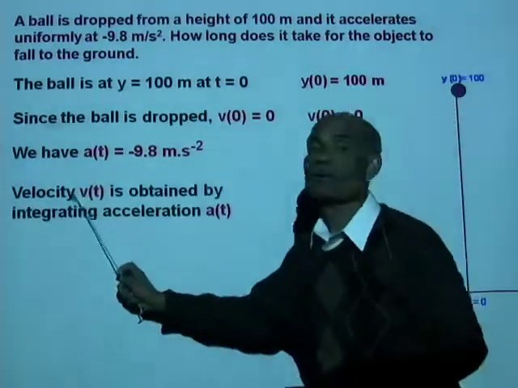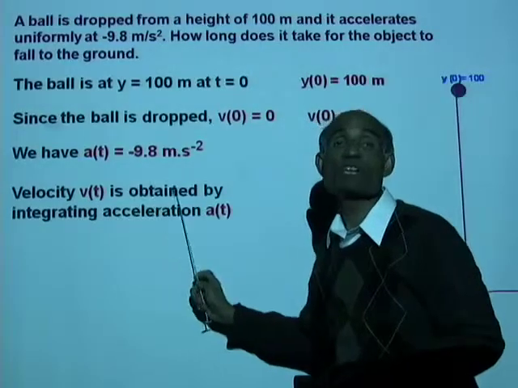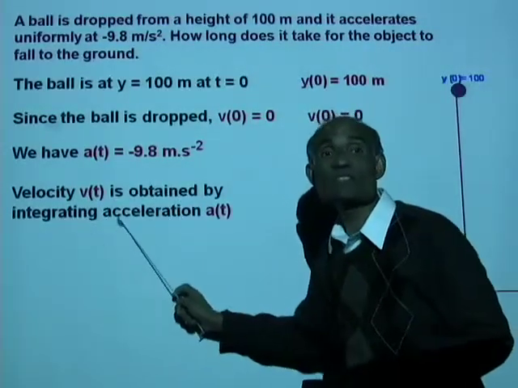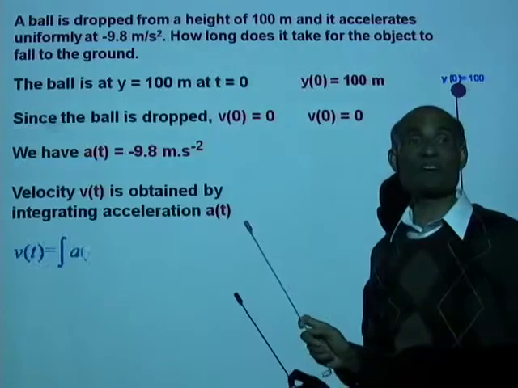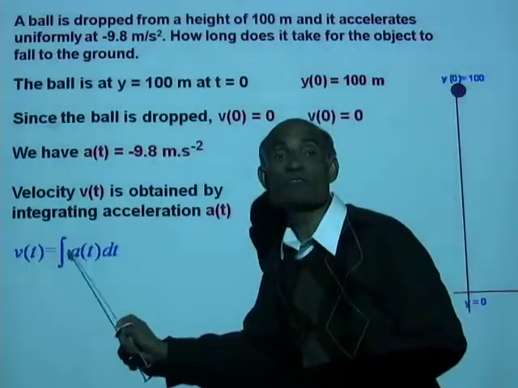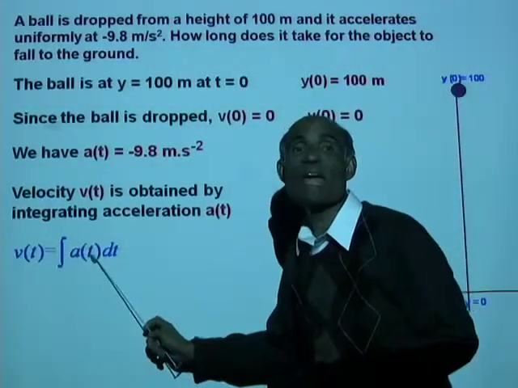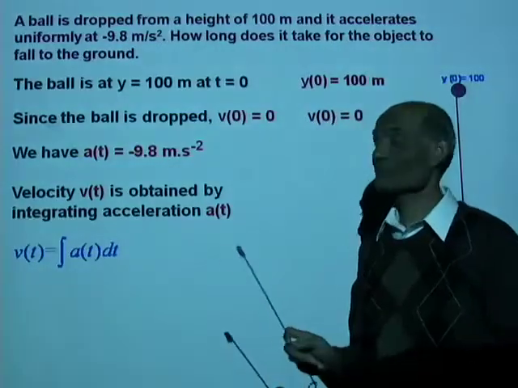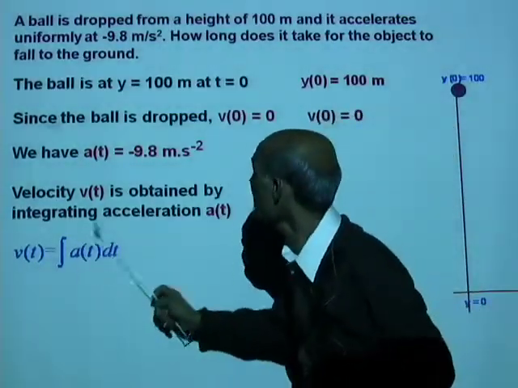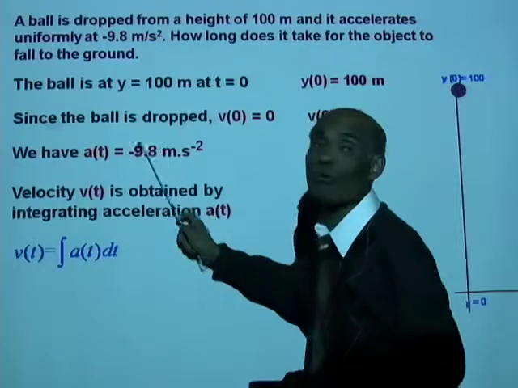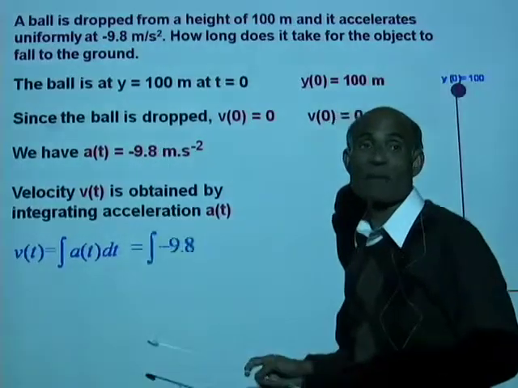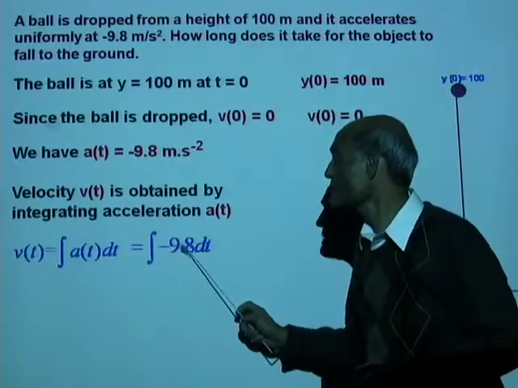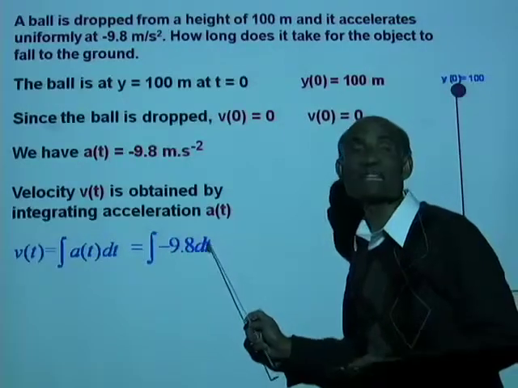All right. Velocity v of t is obtained by integrating the acceleration function. So we get v of t is integral a of t dt, and a of t is negative 9.8. So let's replace that. That will be integral negative 9.8 dt.